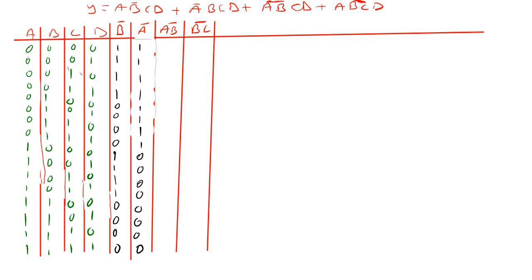Let's go now to AB overall negation. Remember, we are going to perform AB, that is a multiplication, then after that, the result we negate.